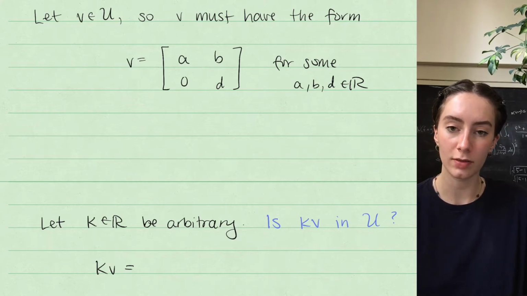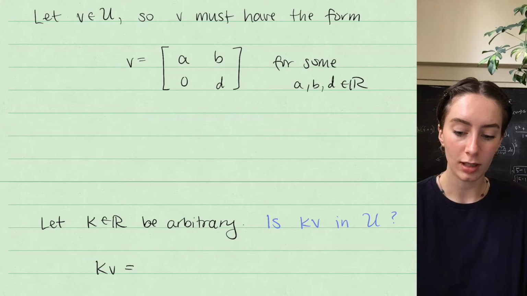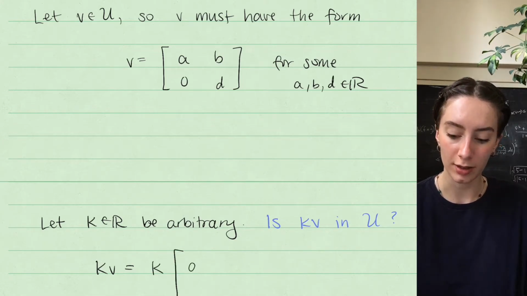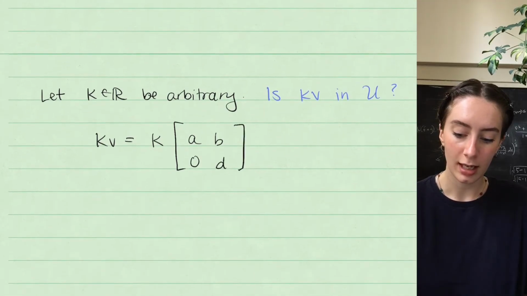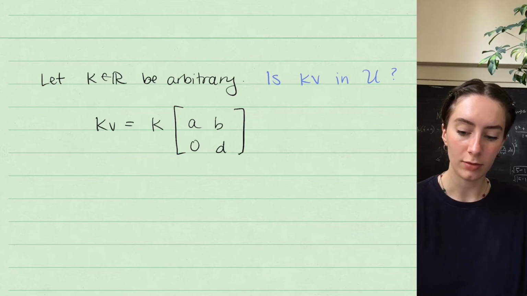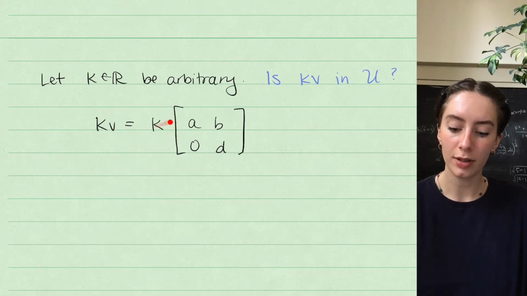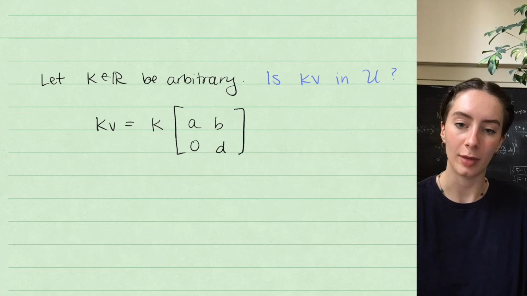So we can just look at what K times V is. K times V is K times the 2x2 matrix A, B, 0, D, right? If I remember the rule for scalar multiplication of matrices, I can multiply this scalar K into each entry of my matrix.